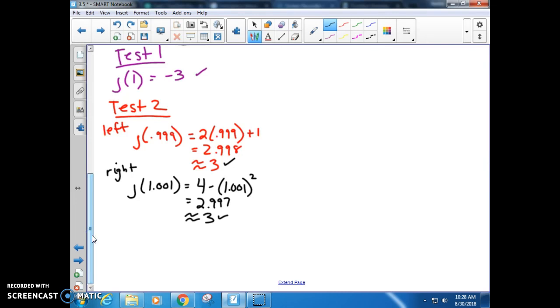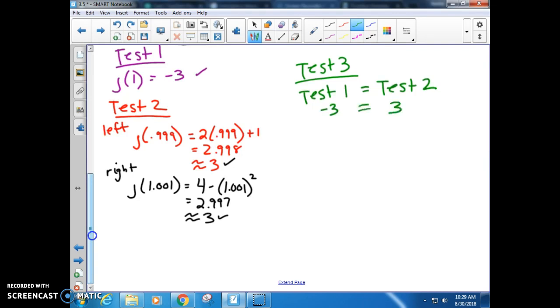And now my test number 3 is test 1 equal test 2. So test 1 I got negative 3, and test 2 I got positive 3. So they are not equal, which means this is going to be discontinuous.